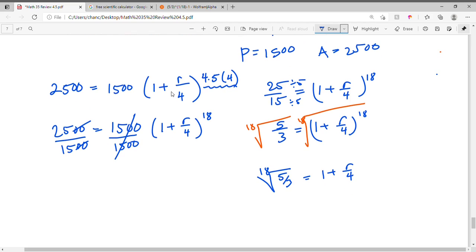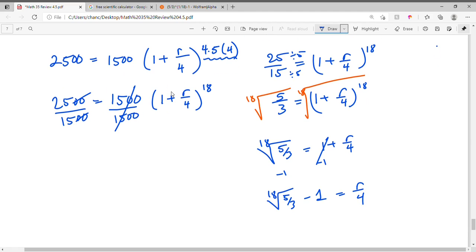Now we could solve for R. This gives me, by subtracting 1 to both sides, the 18th root of 5/3 minus 1 equals R over 4. We can multiply both sides by 4 now. And this gives me R equals 4 times the 18th root of 5/3 minus 1.